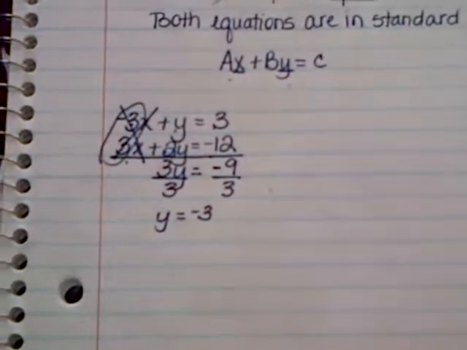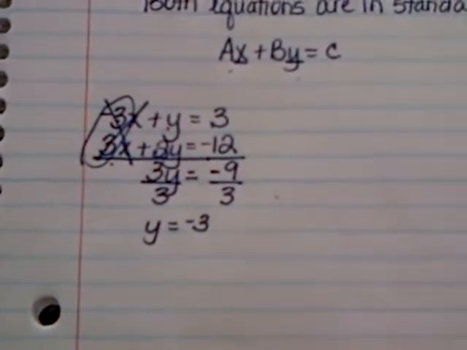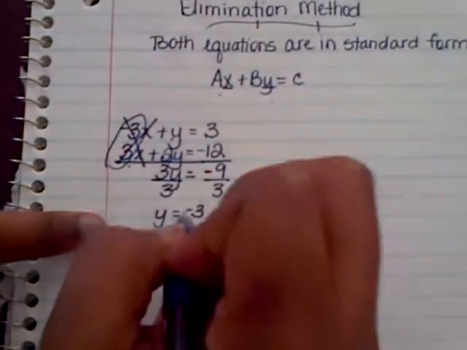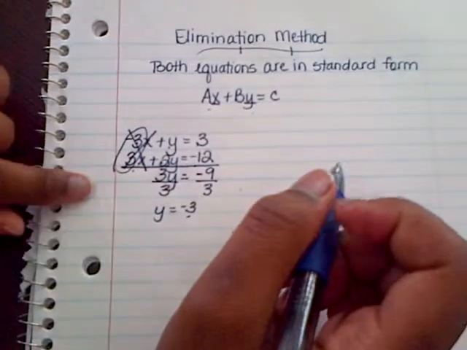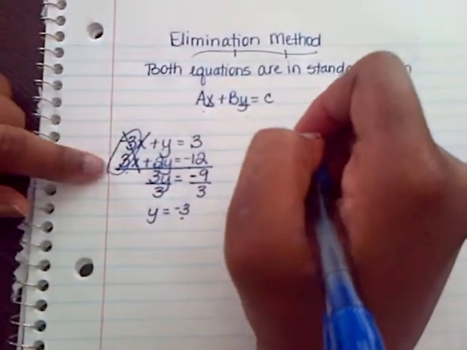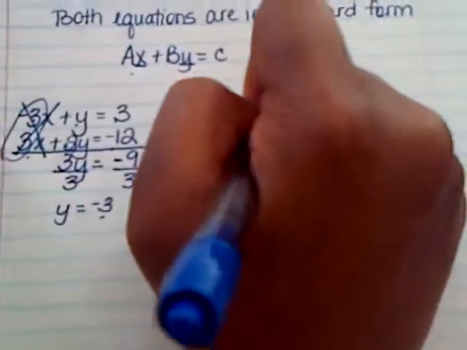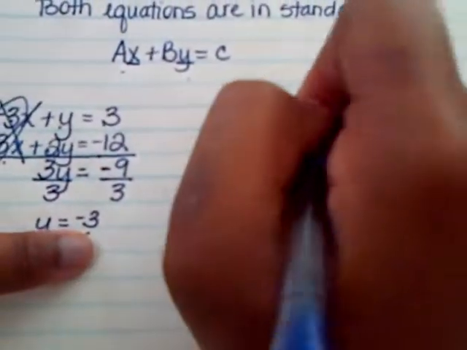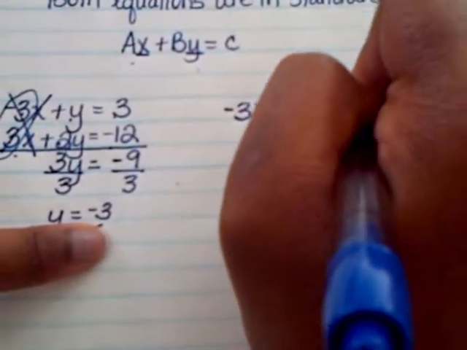Now remember, this is a system, so in order to have an answer, I need x and y. If I know the y value, I can go back and plug it into one of the original equations. I'm going to use the first one. You can choose either one. So you do negative 3x plus, I had plus y, but y is equal to negative 3, so plus negative 3 equals 3.